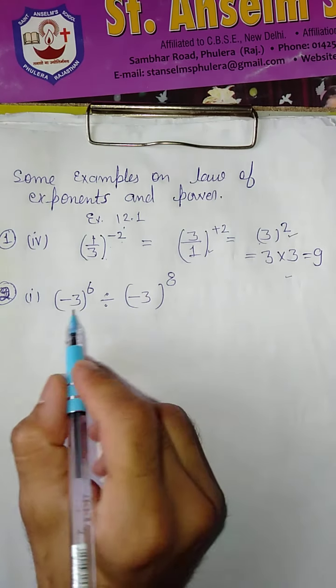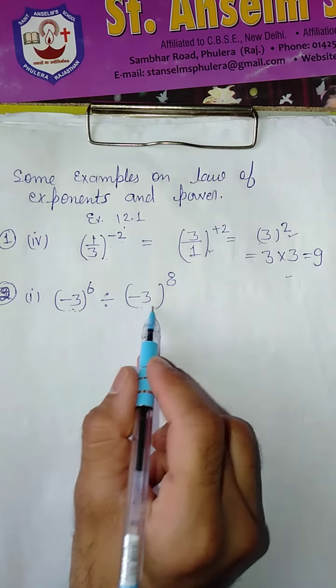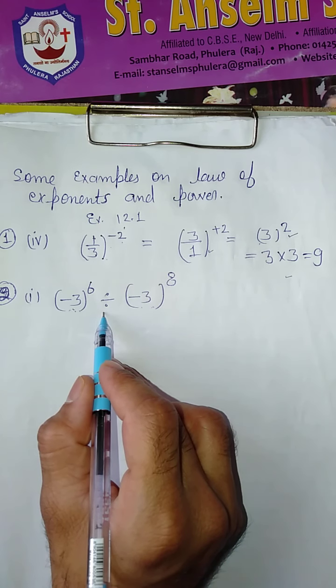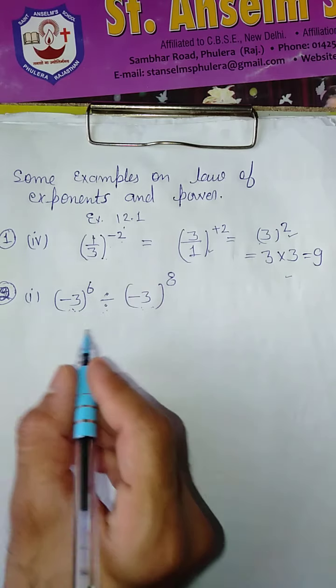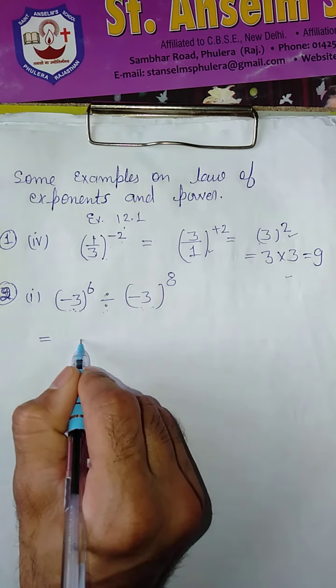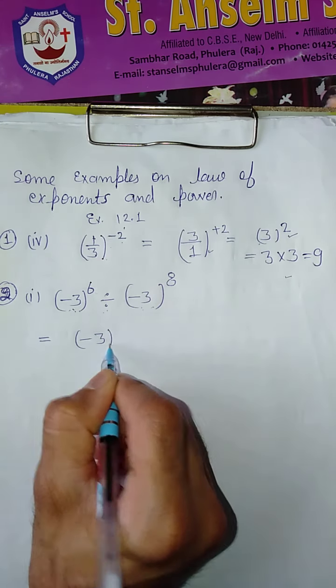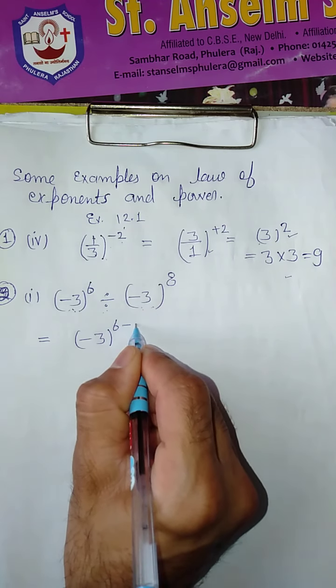You can see here both bases are the same, and this is the sign of division. When bases are the same in division, powers we will have to subtract. So what to do here? Minus 3 common base we have taken, and the power will be subtracted, 6 minus 8.